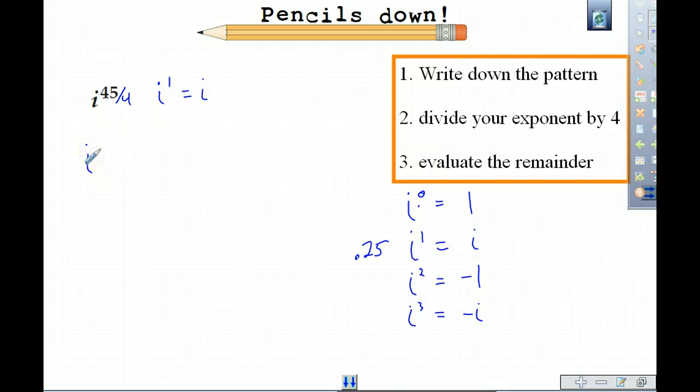Let's see here, i to the 10th. 10 divided by 4 is 2.5, which means our remainder is 2, or 2 out of 4. That's what the .5 is, half.